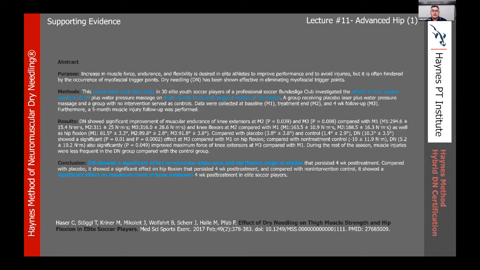However, they did include that across the control and the dry needling group. The conclusion they came to is that dry needling showed a significant effect on muscular endurance and hip flexion range of motion. It also showed a significant effect on the maximum force of knee extensors. This was in 30 elite youth soccer players of a professional soccer club. So just a little supporting evidence for dry needling in and around the hip itself.